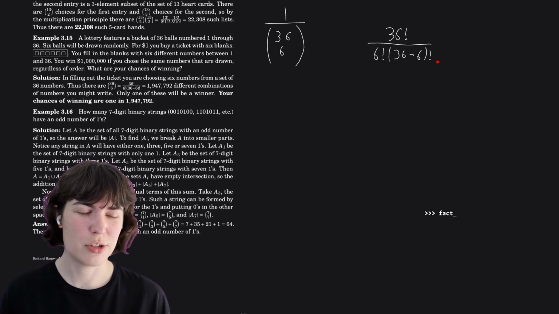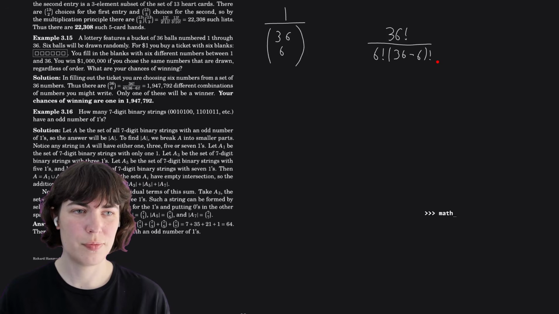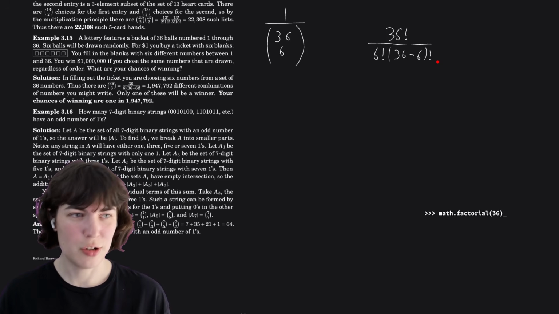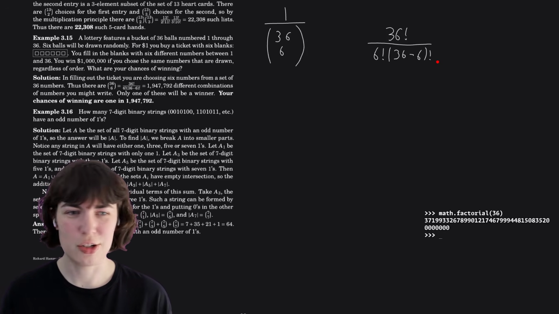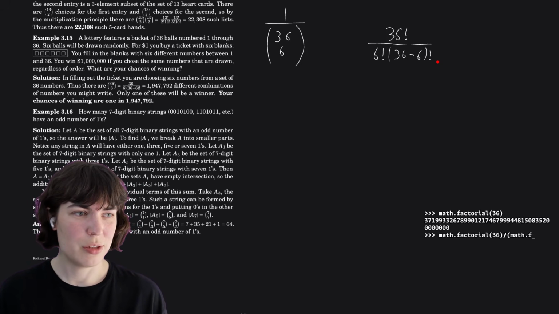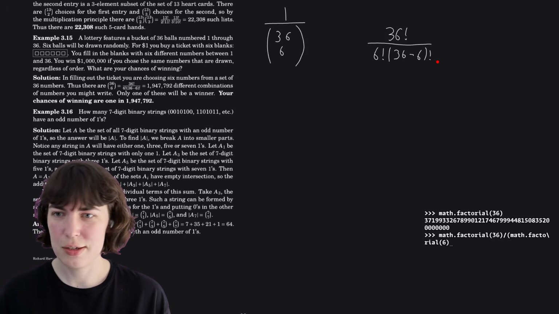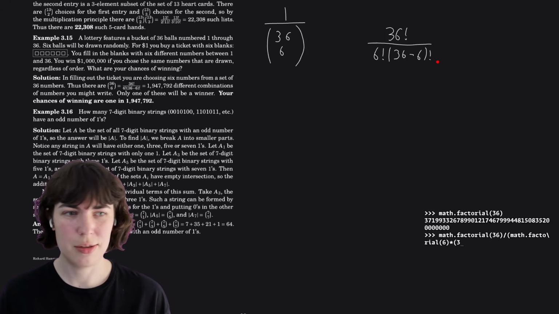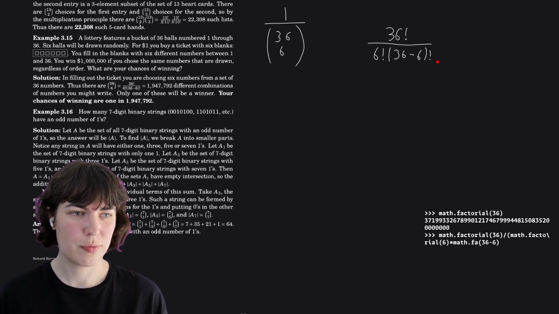Wait, actually, do I just have factorial now? No. Let's just look at it. Oh, such a large number. Delightful. Math factorial 6 multiplied by 36 minus 6. That.